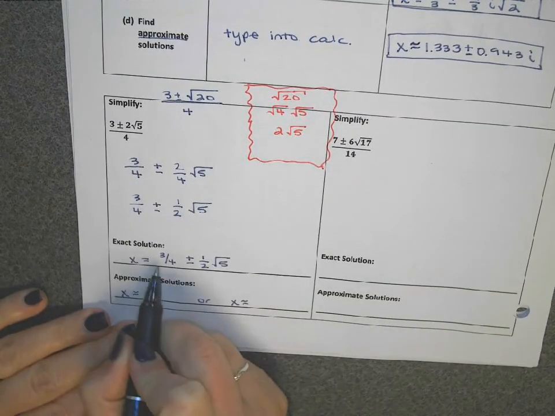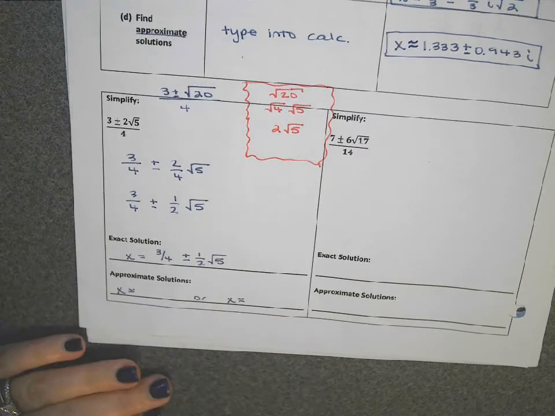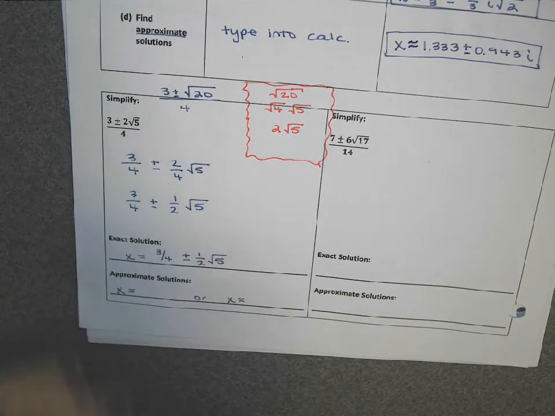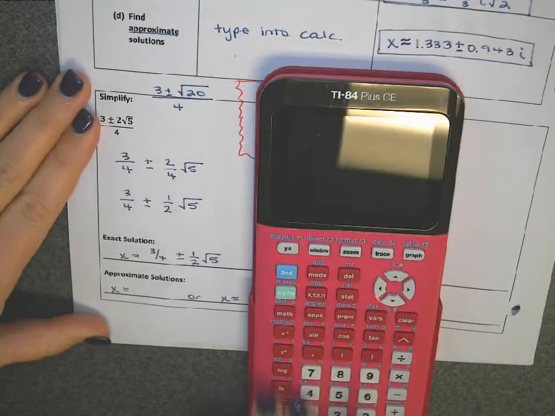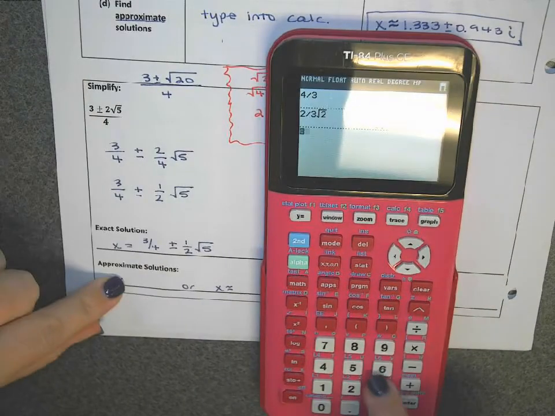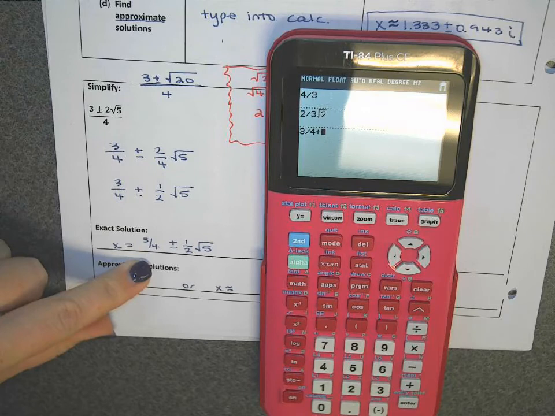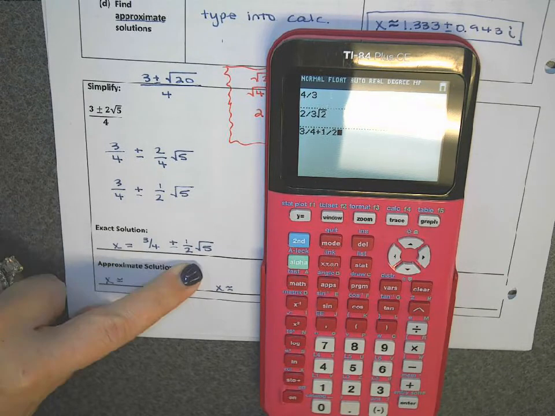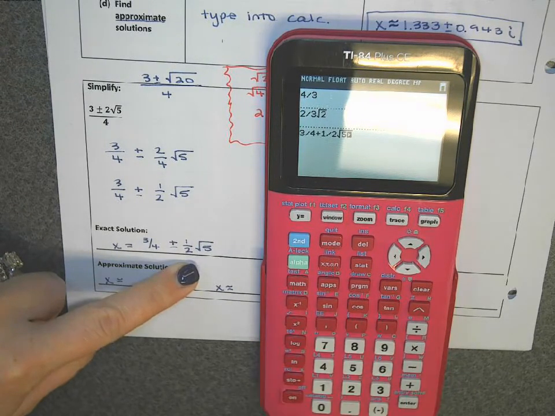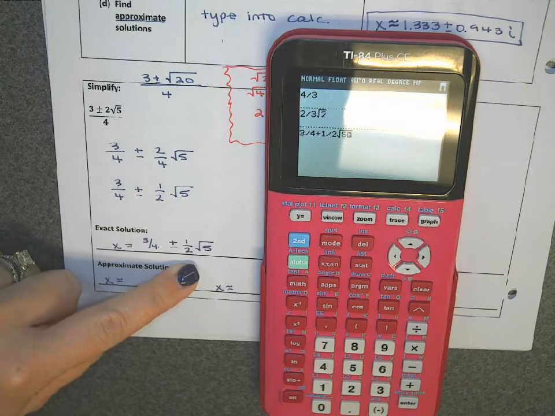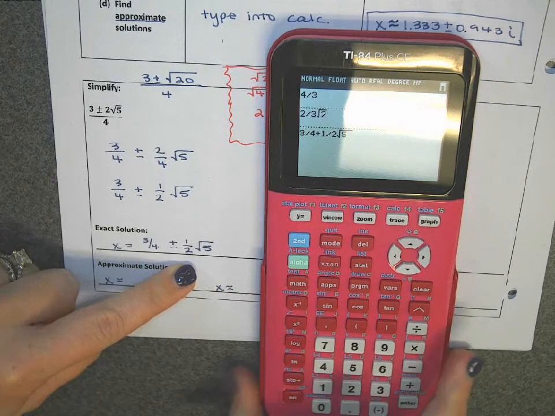Okay, so then what we're going to do is we're going to actually type this whole thing into our calculator with a plus sign, and then we'll type the whole thing with a minus sign. So for the first one, we have 3 divided by 4 plus 1 divided by 2 times the square root of 5. So far, so good.